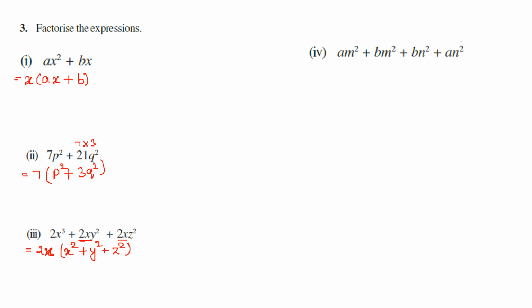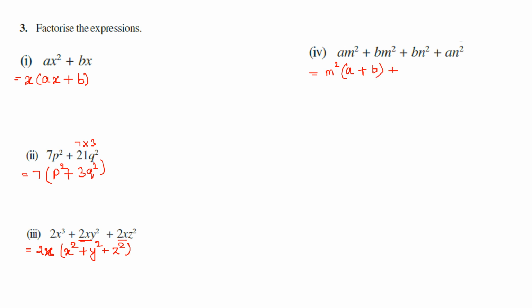Now question number 4. am square plus bm square plus bn square plus an square. Here if you can see, in all the four terms nothing is common, so we have to do the regrouping. We make a group of two terms and then factorize. In the first two terms, m square is common. In the last two terms, n square is common. Taking m square common, I will be left with a plus b.